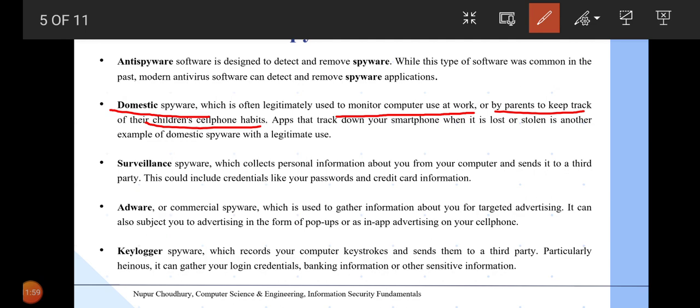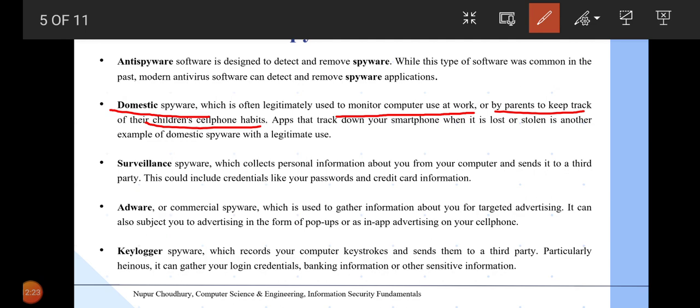Next is the surveillance spyware, because it collects personal information about you from your computer and sends it to a third party. So this is a little riskier as compared to domestic spyware, because in domestic spyware the information is kept within one party only, that is, only the attacker will be utilizing that particular information.